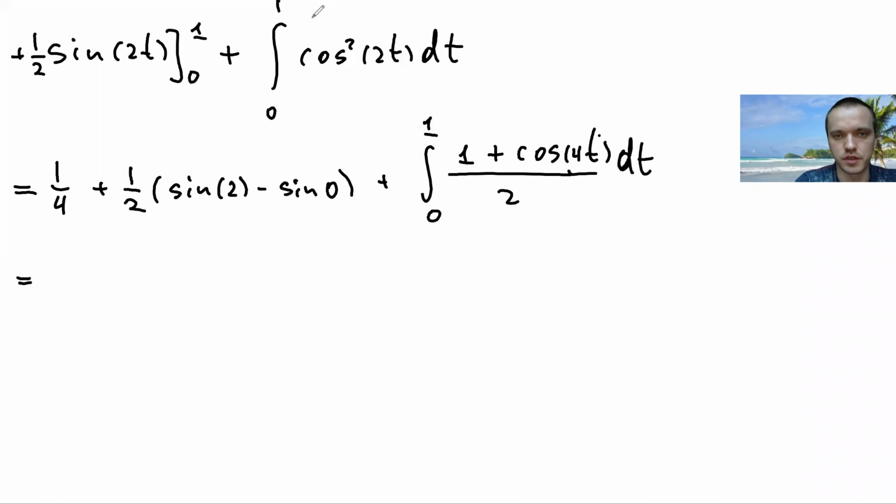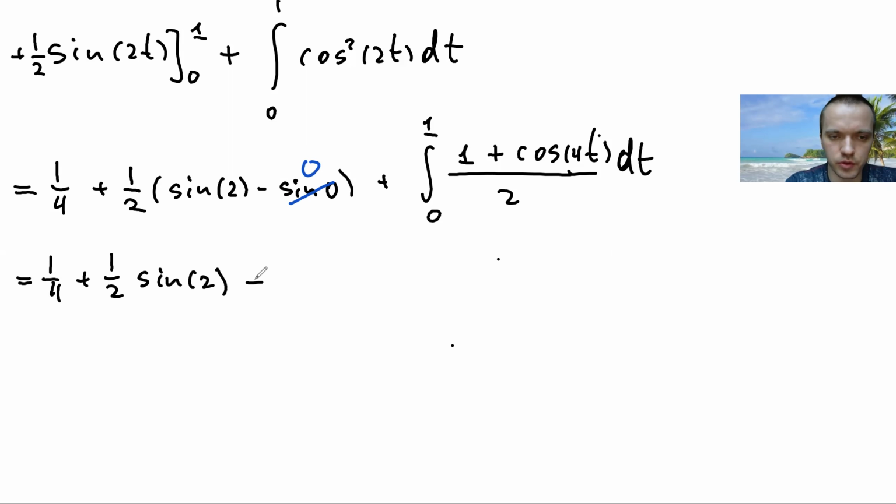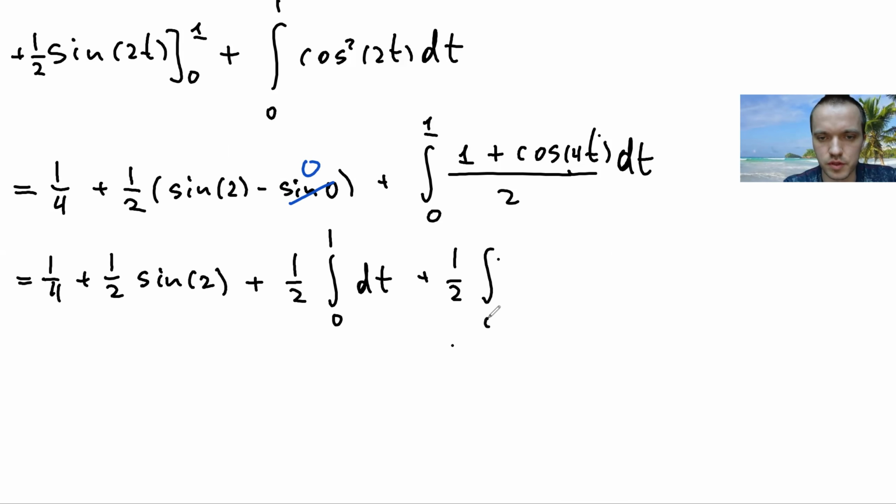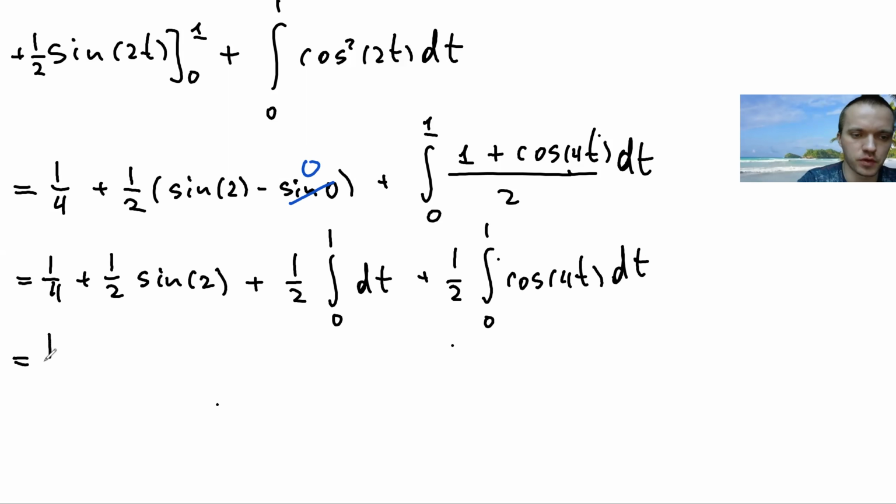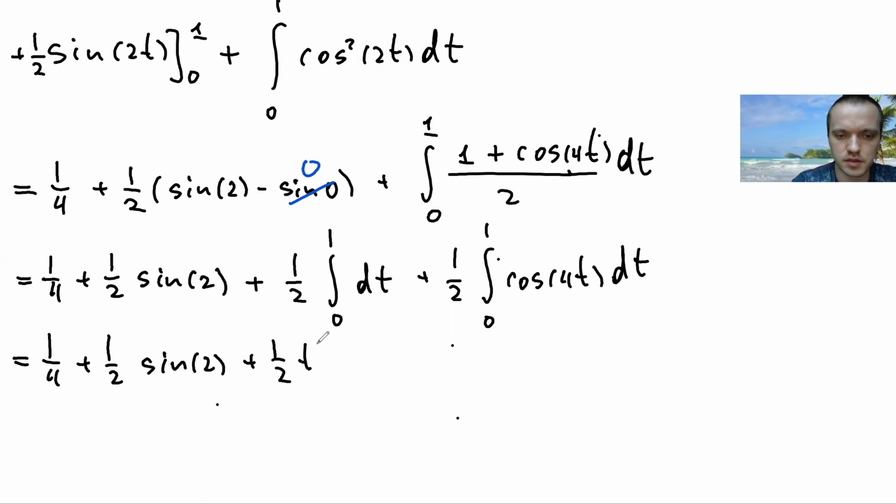Next, I know the sine of 0 is equal to 0. So I have 1 over 4 plus 1 over 2 sine of 2. And here I have again an integral, which I split into a sum of two integrals: the integral from 0 to 1 of dt plus the integral of 1 over 2 from 0 to 1 of cosine of 4t dt. Here I have 1 over 4 plus 1 over 2 sine of 2, and here we have plus 1/2 t from 0 to 1, plus 1/2.